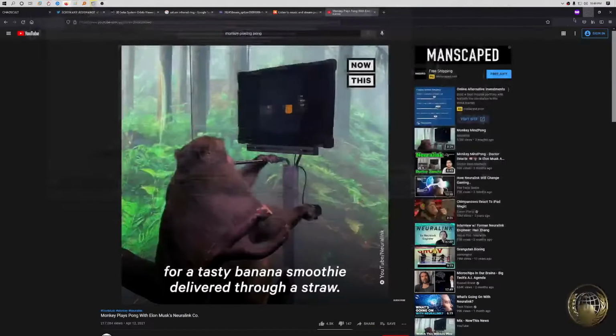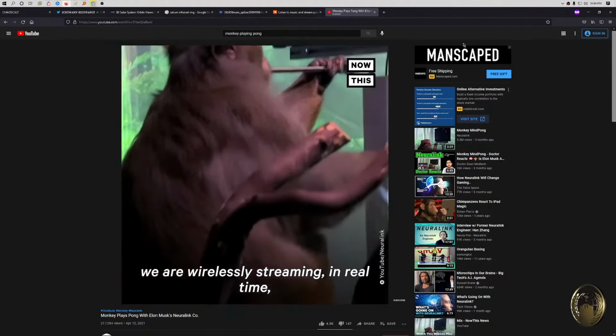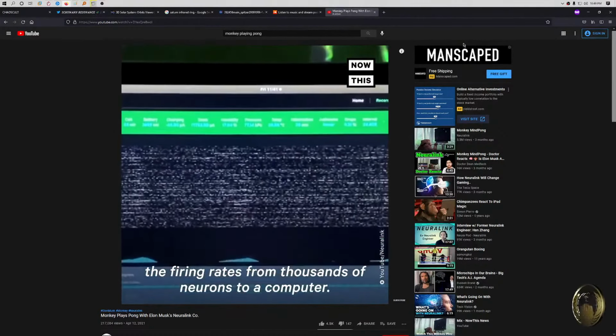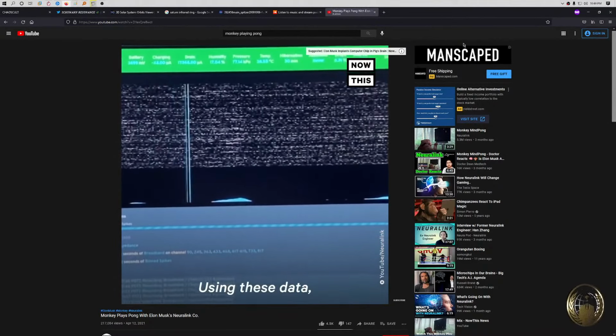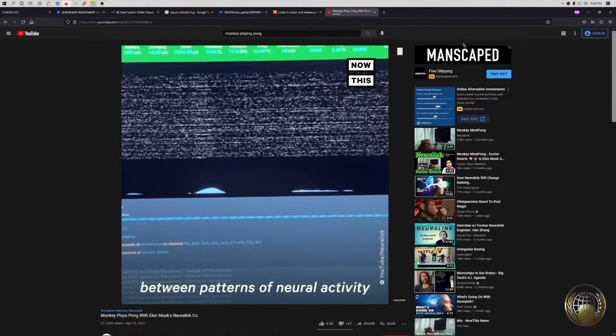This is Pager. He's a 9-year-old macaque who had a Neuralink placed in each side of his brain about 6 weeks ago. If you look carefully, you can see that the fur on his head hasn't quite fully grown back yet. He's learned to interact with a computer for a tasty banana smoothie delivered through a straw. As he's playing this game, we are wirelessly streaming, in real time, the firing rates from thousands of neurons to a computer. Using these data, we calibrate the decoder by mathematically modeling the relationship between patterns of neural activity and the different joystick movements they produce.